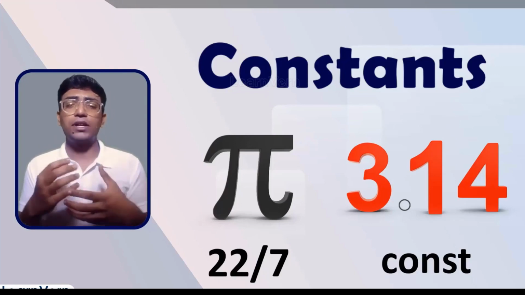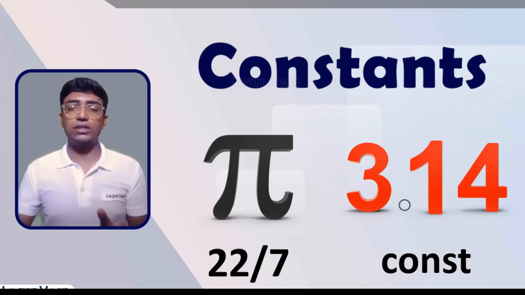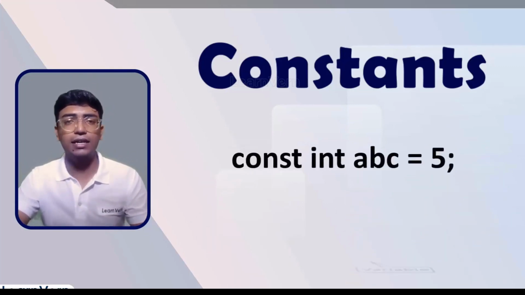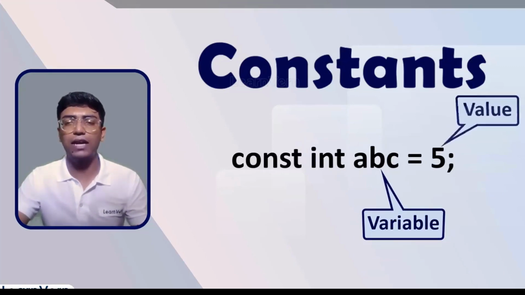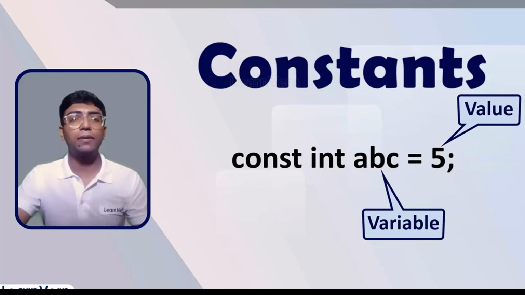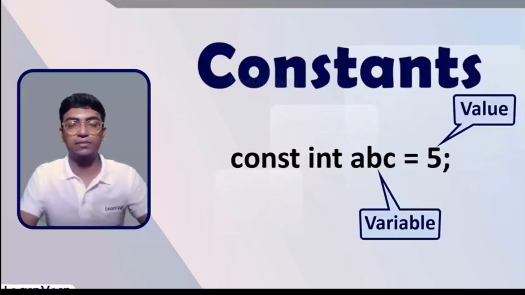So how can we make this particular variable a constant? You can see the way to do it on the screen. The ABC that you are seeing is the name of the variable. And what is the value stored in it? It's 5. Now the int in the middle, you can ignore for the meanwhile. We will understand it in our coming videos.